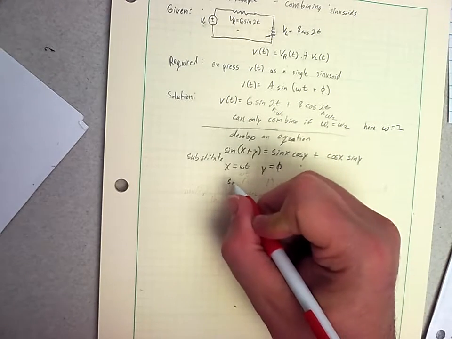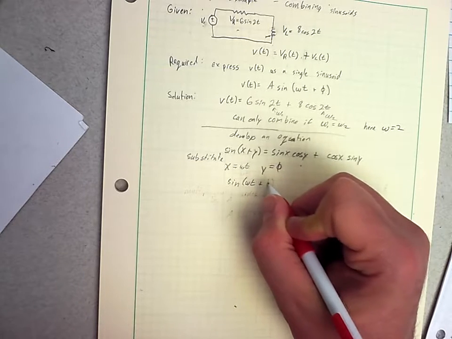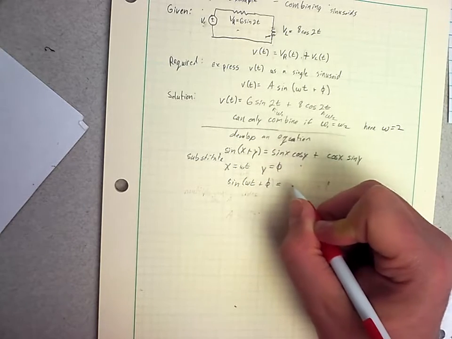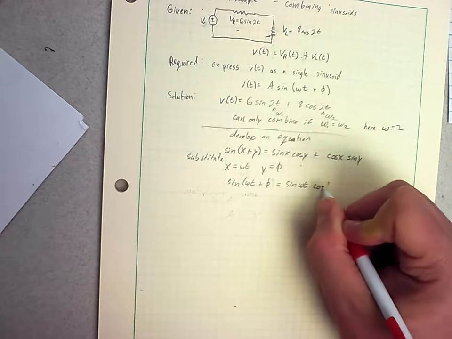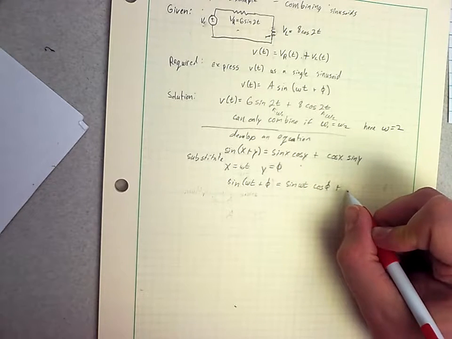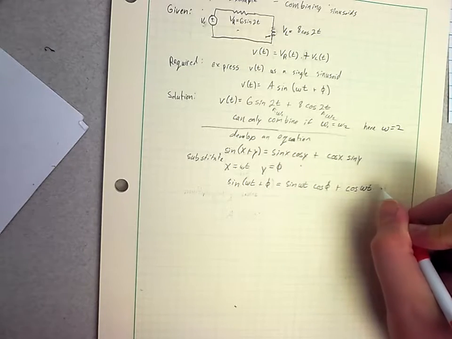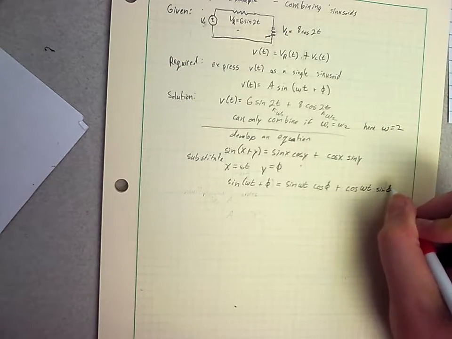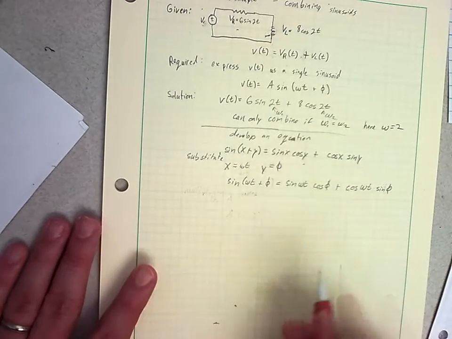So then what I have is that sine of omega t plus phi is equal to sine omega t times cosine phi plus cosine omega t times sine of phi. Alright, so we're getting there.